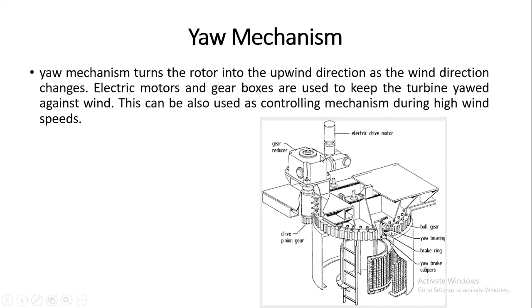Now coming to the yaw mechanism. The yaw mechanism turns the rotor into the upwind direction. As the wind direction changes, electric motors and gearboxes are used to keep the turbine yawed against the wind. This can also be used as a controlling mechanism during high wind speeds. This mechanism operates during high wind speed to control the wind turbine and generate electricity in a consistent way.